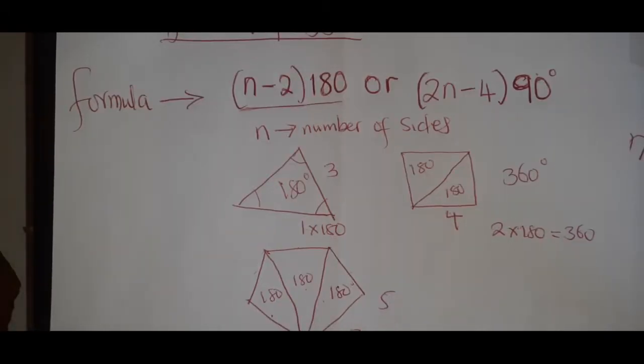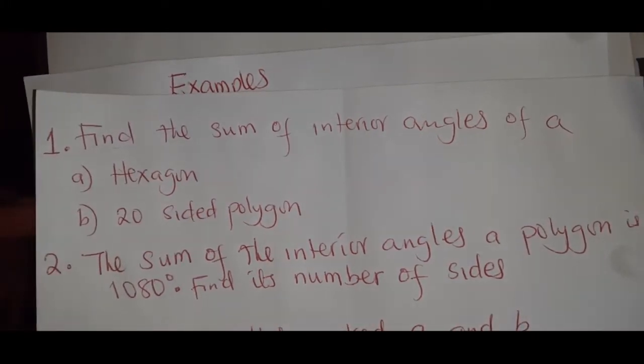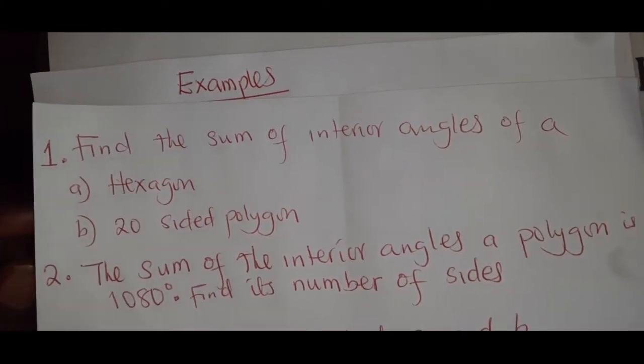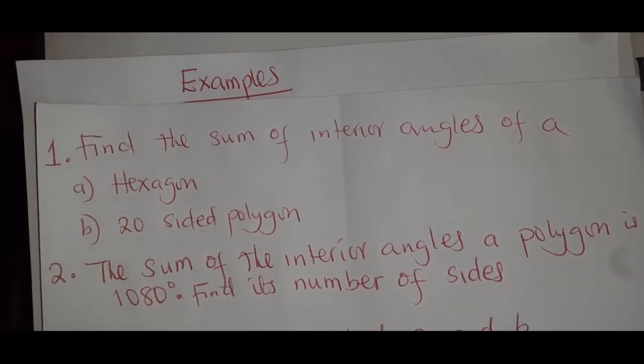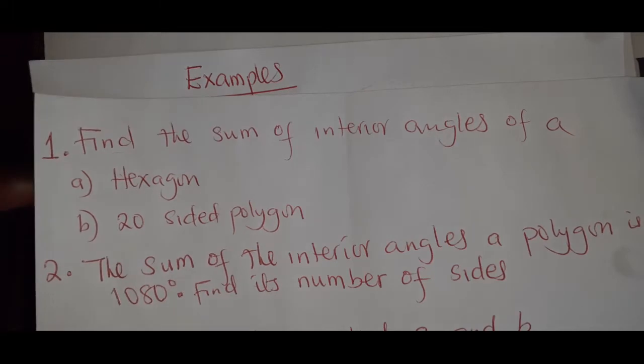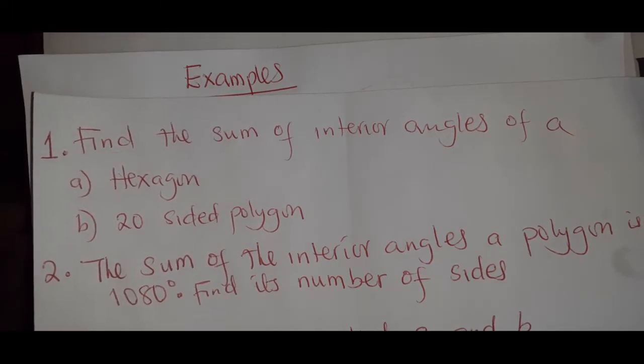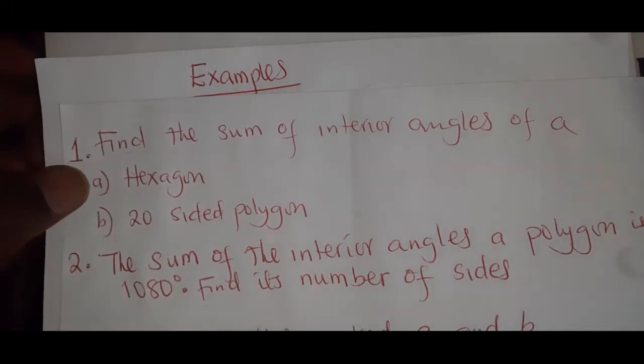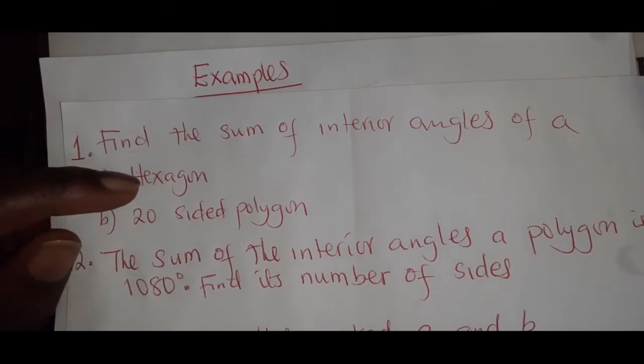So let me give you the example. These are the examples. We'll look at these examples step by step using the formula that we discussed. Find the sum of interior angles of the first one, a hexagon.